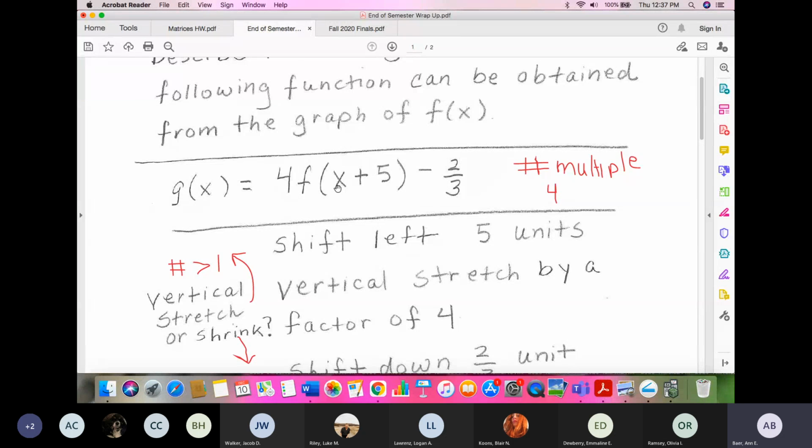Opposite. Opposite is correct. So instead of going to the right, when we take this x and add 5, we're actually going to the left. So we want to take our graph of f of x and shift it left 5 units.